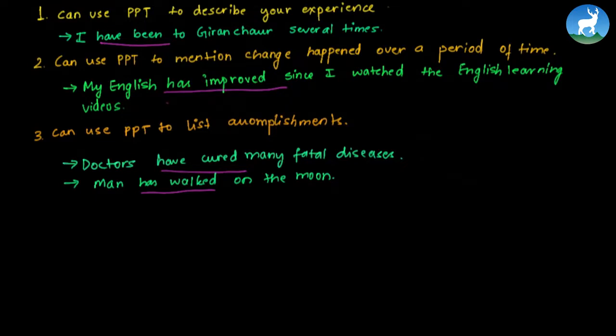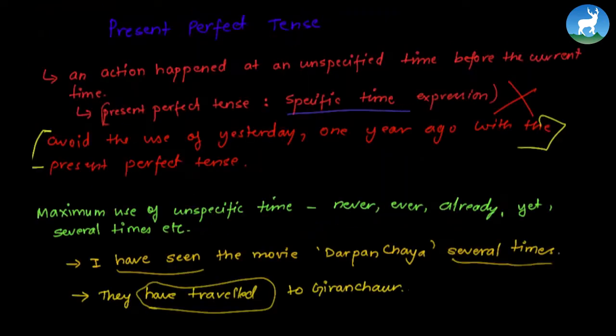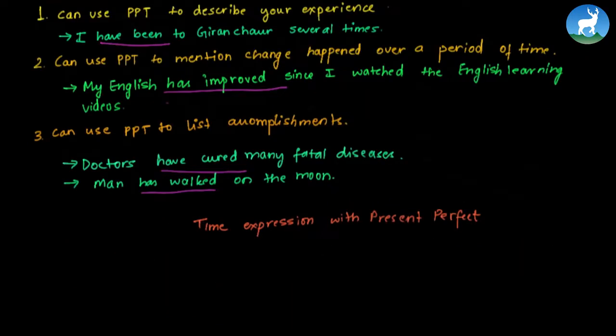Now we'll look at how to use time expressions with the present perfect tense. I'll walk you through the time expressions with the present perfect. In the previous slide, I told you that we do not use specific time expressions, whereas now I am going through time expressions with the present perfect.